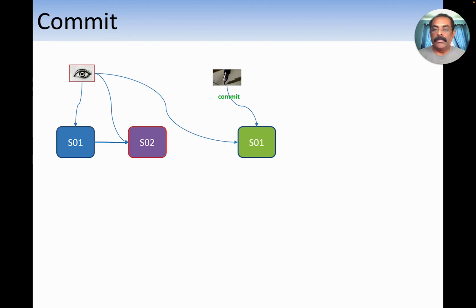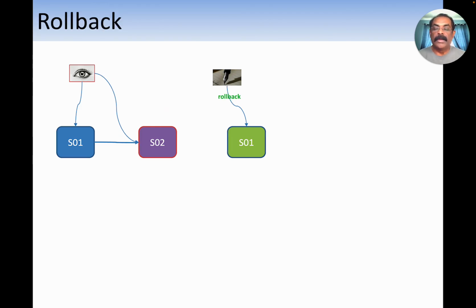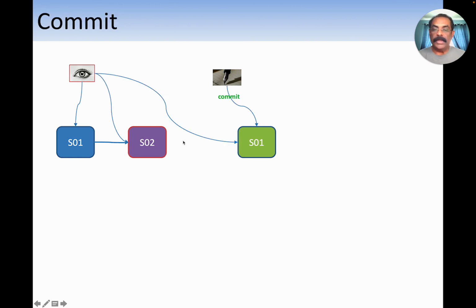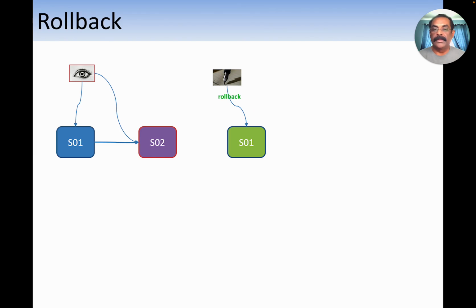However, after the commit you realize you have bad data and you want to do a rollback. Once you roll back, you are back to this snapshot. Indirectly, if you look at this, it is a kind of time travel: let's assume this is S3, we're going back to S2. So you're doing a time travel model.